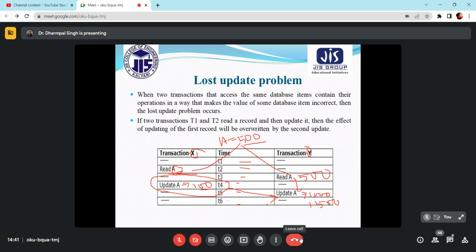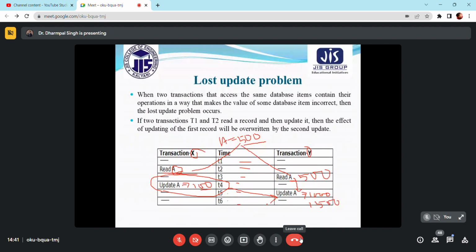Why? Because whatever update was done at time T4 is overridden by time T5. A very simple example is that whatever changes I have done at 10 a.m. will be overridden by 10:20 a.m. If I make any change in my MS Word at 10:10 or 10:20, which one will be preserved? Obviously 10:20.